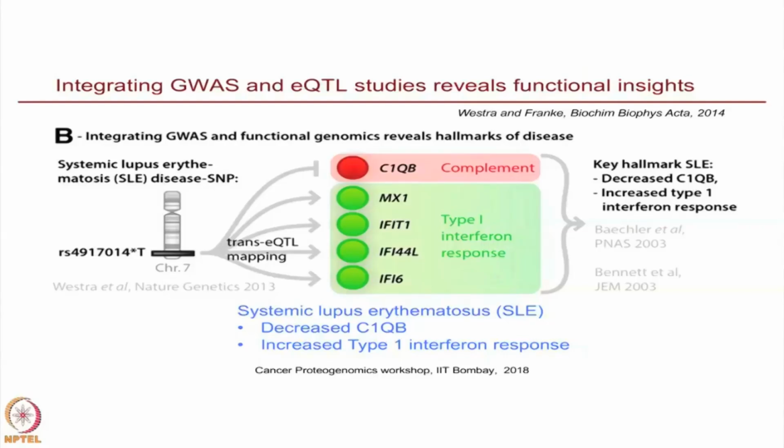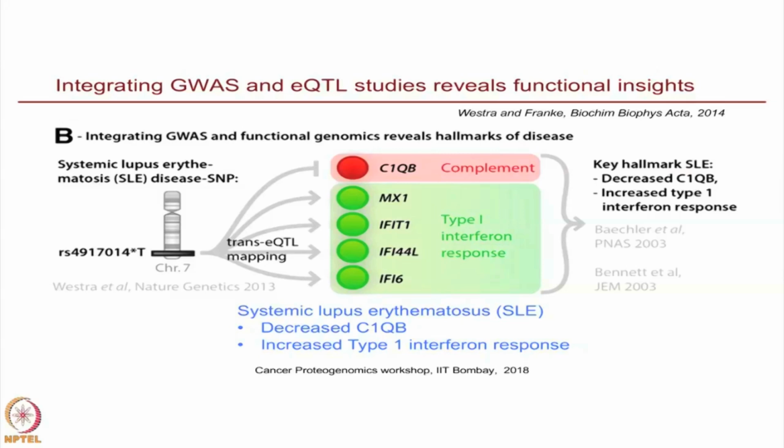Let's say this SNP is associated with systemic lupus erythematosus or SLE, this disease. But at that time, nobody knew how this SNP is associated with that disease. Through eQTL mapping, they found that this SNP is associated with multiple genes. One gene is C1QB, with decreased expression of C1QB, and also increased expression of multiple genes involved in the type 1 interferon response pathway.